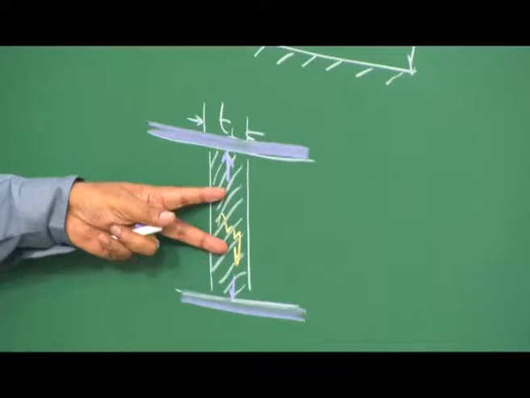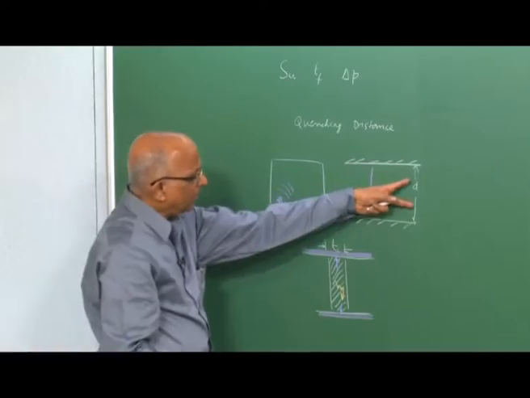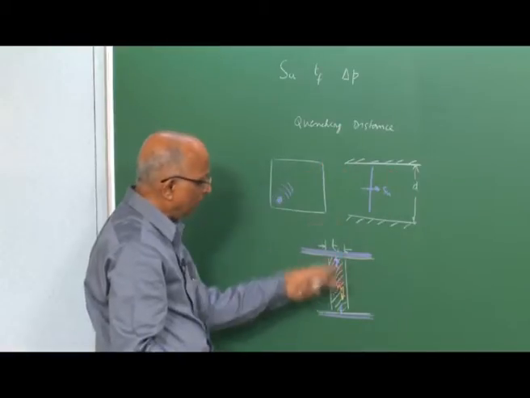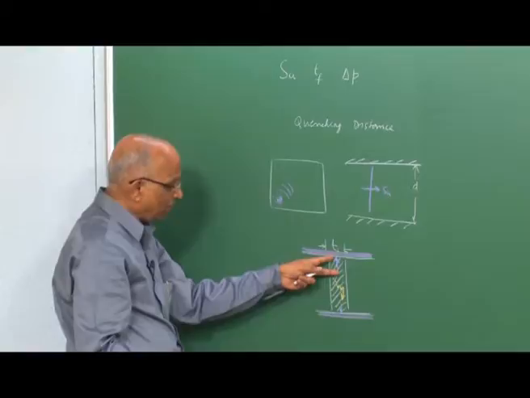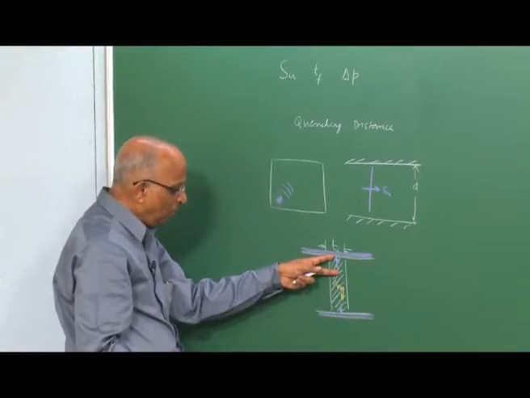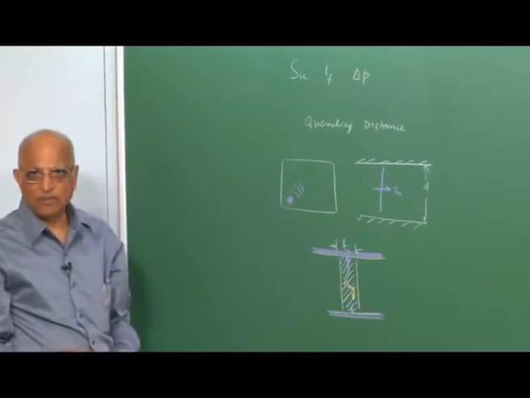Therefore, let us first determine what is the heat loss, what is the heat generated, and then let us try to arrive at a diameter which corresponds to the quenching. That means, the condition at which the heat lost from the flame is equal to or greater than the heat which is generated by the flame itself.